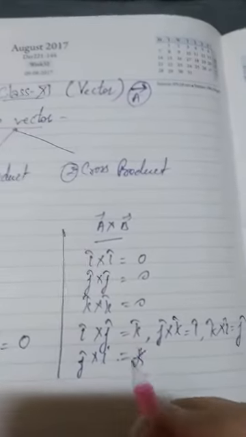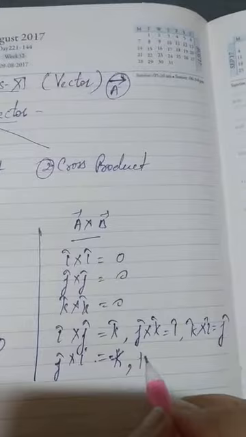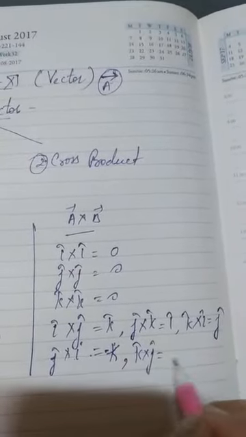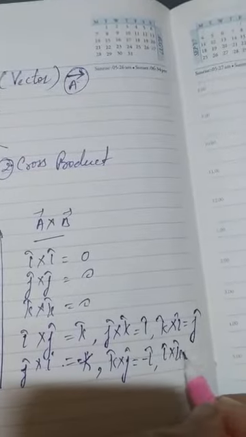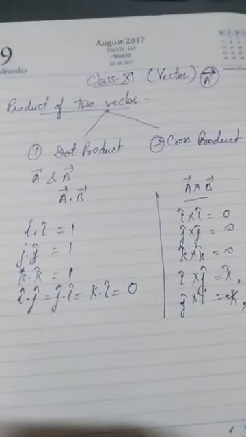If we take the opposite order, there will be a negative sign, for example i cross k will be minus j. These are the rules for the dot and cross product.